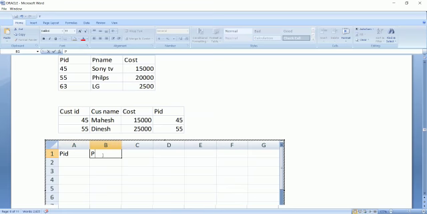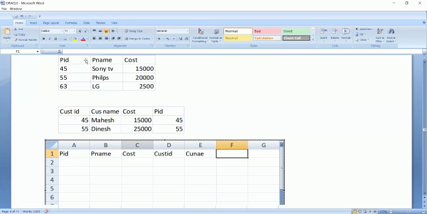Other things it will take as they are: P name is there in the product table, cost is there, and in the customer table we have customer ID. It will take another column, and the customer name is also there. Again, cost is matching, so it will create in the same way.